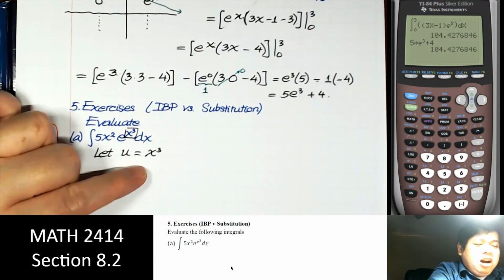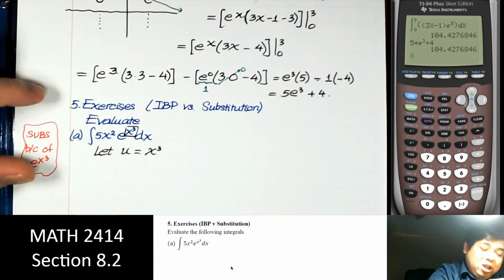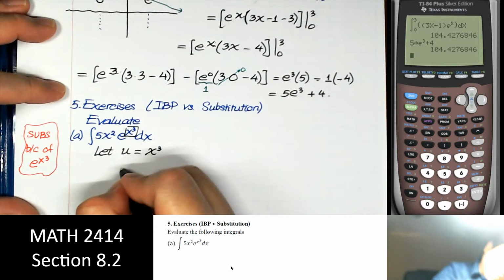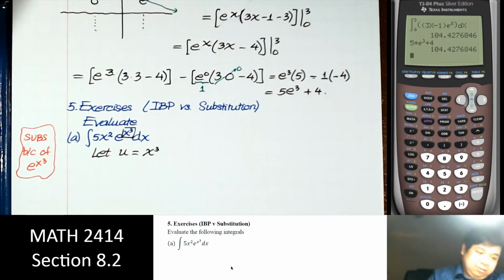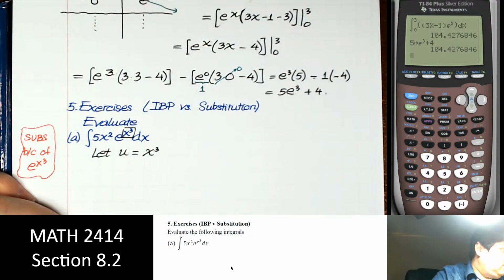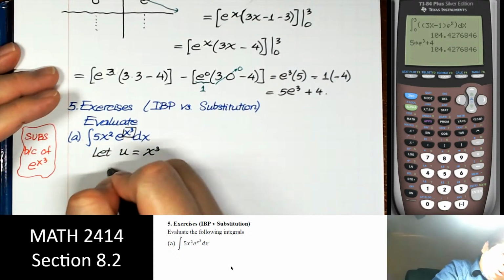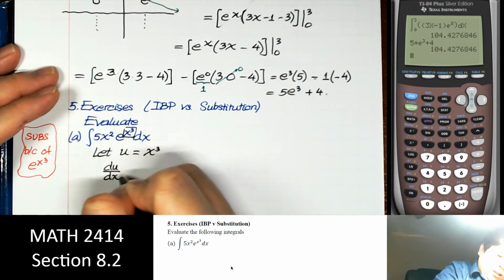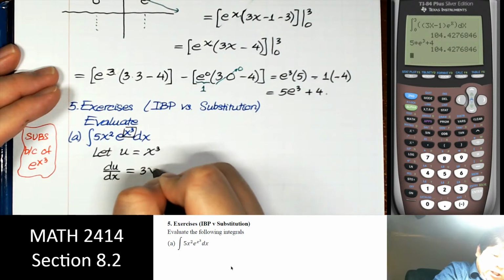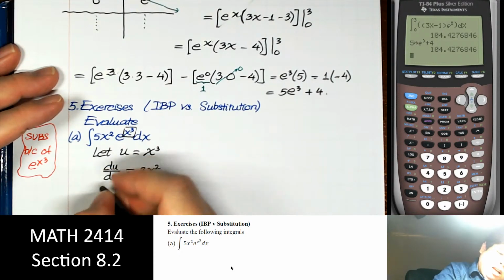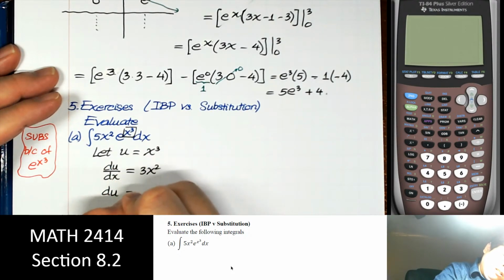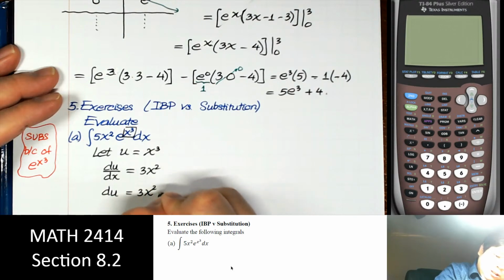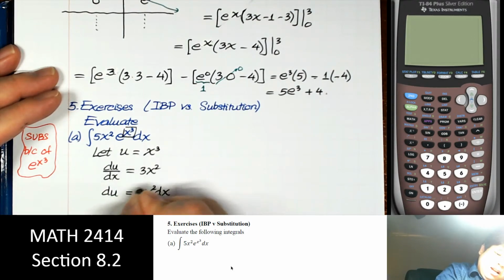We kind of have the x squared to cancel out as well. So we check the derivative. Now this is just substitution. 3x squared multiplied by dx, and then divide by the 3x squared.